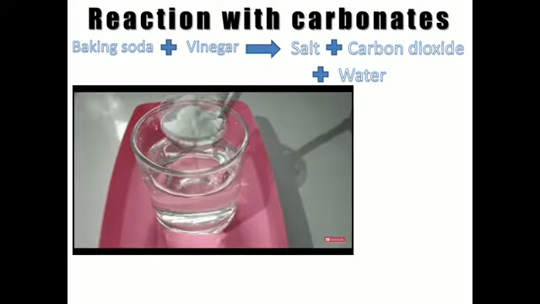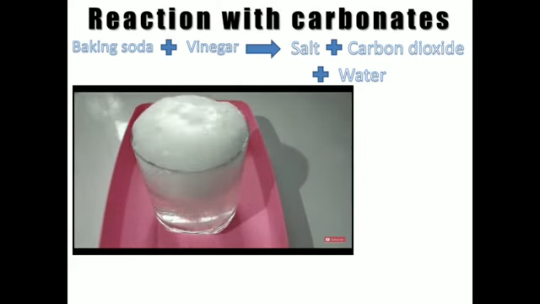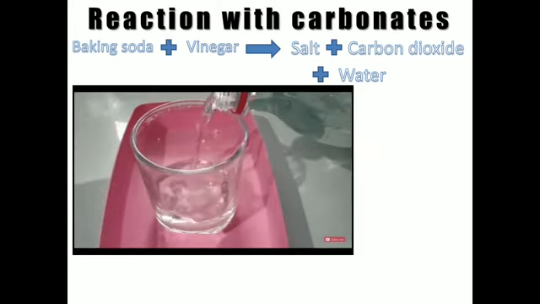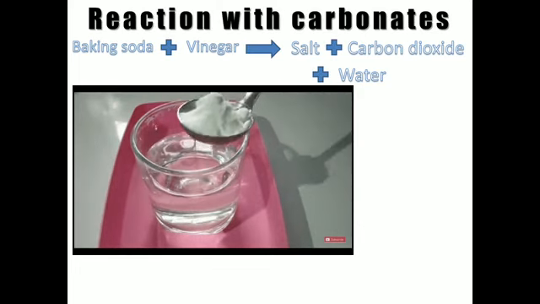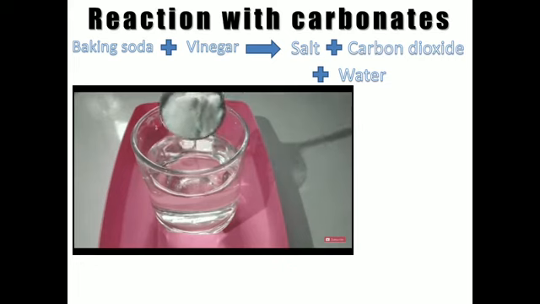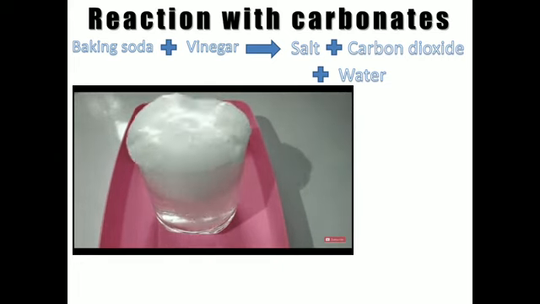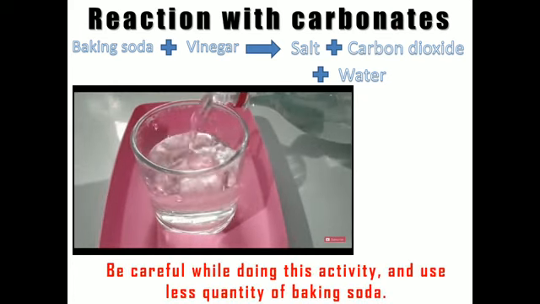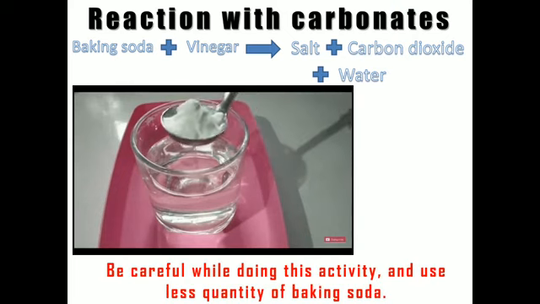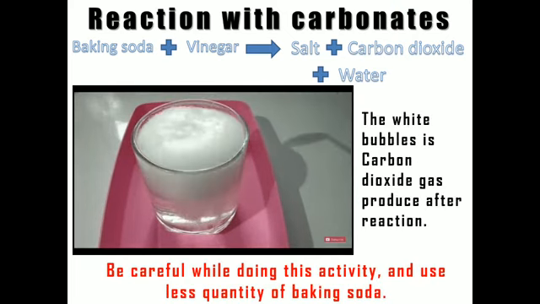In the spoon I have taken baking soda, that is sodium bicarbonate, and in the presence of vinegar, that is acetic acid, I am pouring it into the glass. Now adding baking soda, these bubbles will come out. Why are these bubbles coming out? These are bubbles of carbon dioxide gas. This is how carbon dioxide can be produced.